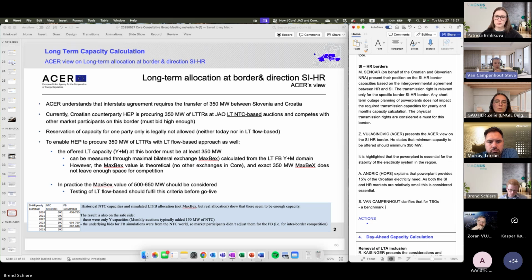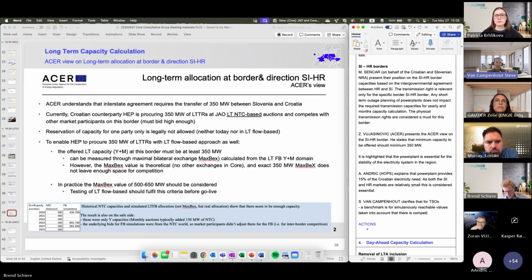And so when the benchmark has been set up and the 350 megawatt, this is to be simultaneously reachable, knowing that there is competition in the allocation. And in addition, because we are looking here at this specific interstate agreement, on this specific border, we wanted to have an expression of a buffer above this benchmark, such that you take into account the competition effect.